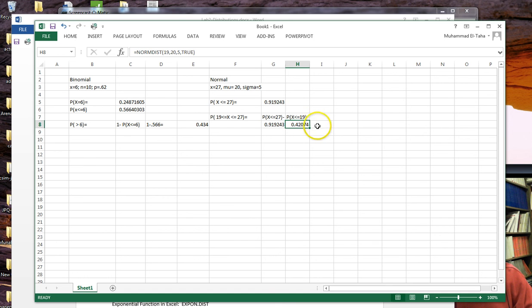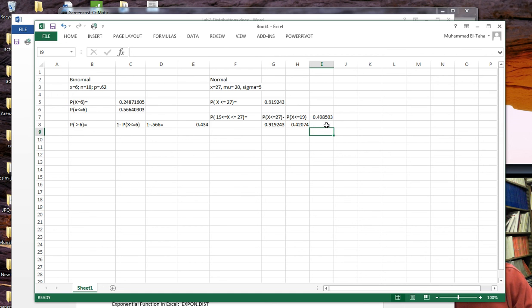So now I want my answer, I want to put my answer here or there, wherever I want, but this is my answer, it is going to be equal to this value minus this value here, and that's it.